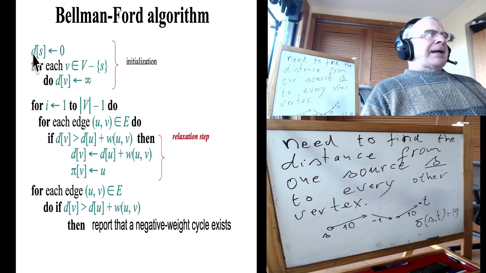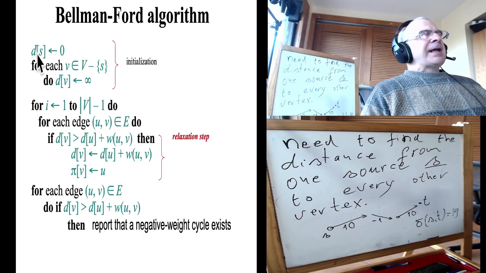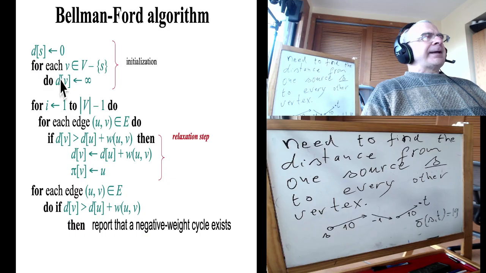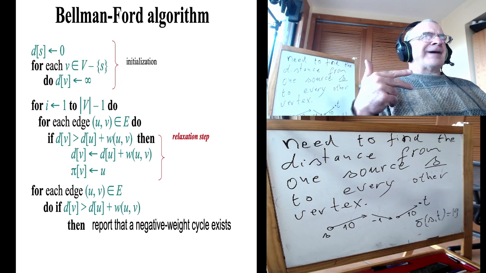D will be an array that we are going to use that will give some estimation of the length of the shortest path. To be precise, what this array D is telling us is the length of the shortest path that we found so far.